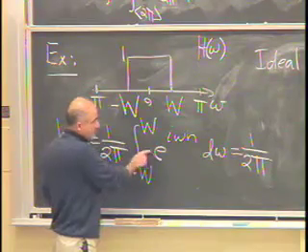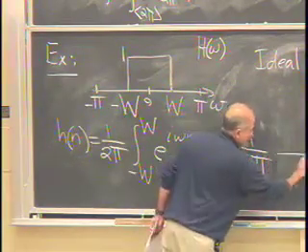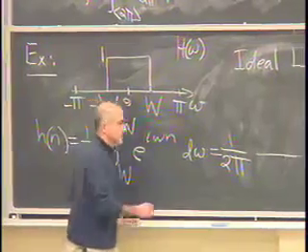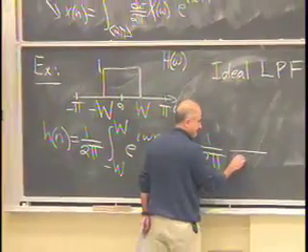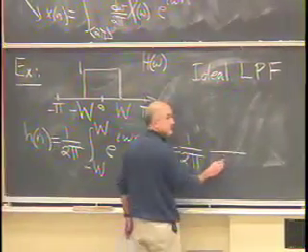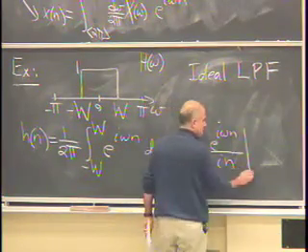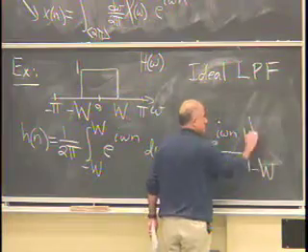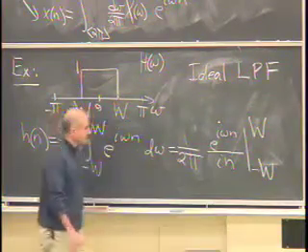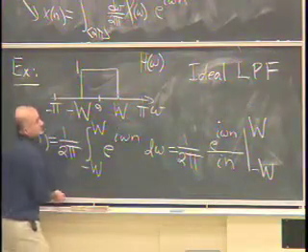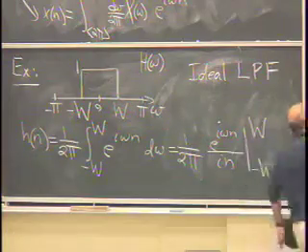So what happens? What do I get when I integrate? What goes in the denominator? I n e to the I omega n from minus w to w. And what does that give me?